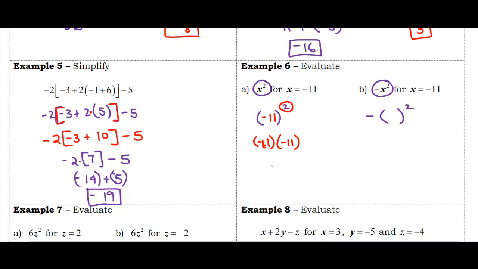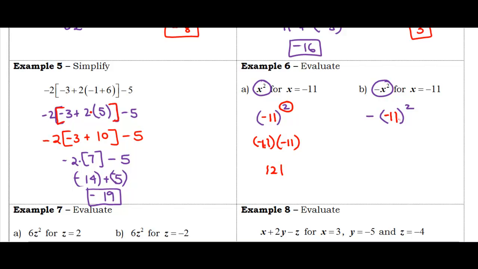What's a negative times a negative? What's 11 times 11? Okay? In B, who is x? Negative 11. Careful. I don't want you to say 2 negatives make a positive, do I?